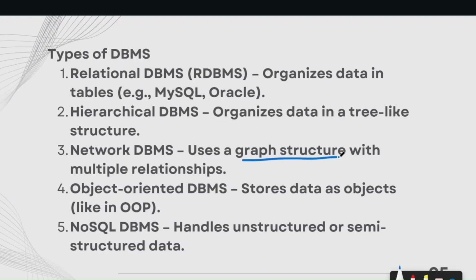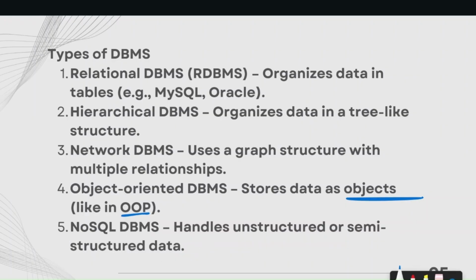Object-oriented DBMS. As the name suggests, it stores data in the form of objects, just like in object-oriented programming. This type is useful for applications where data and its behavior need to be bundled together. NoSQL DBMS. These are designed for handling large volumes of unstructured or semi-structured data, especially in real-time web applications.